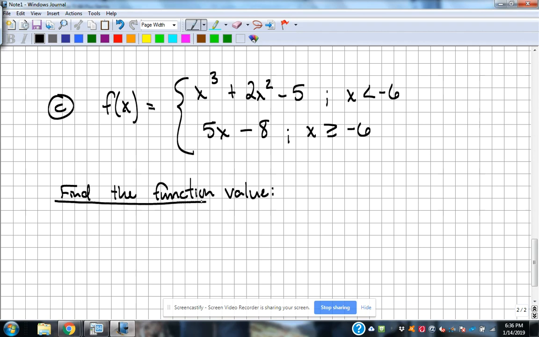This is what we're going to do. We're going to find function values. The first one we're going to find is f of 10.